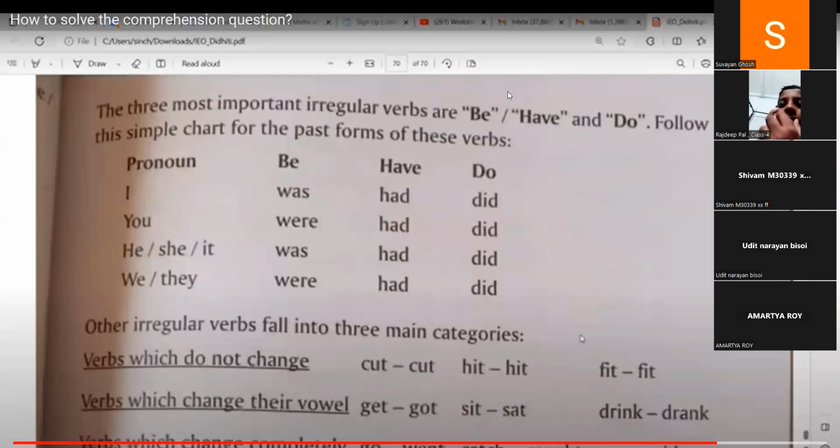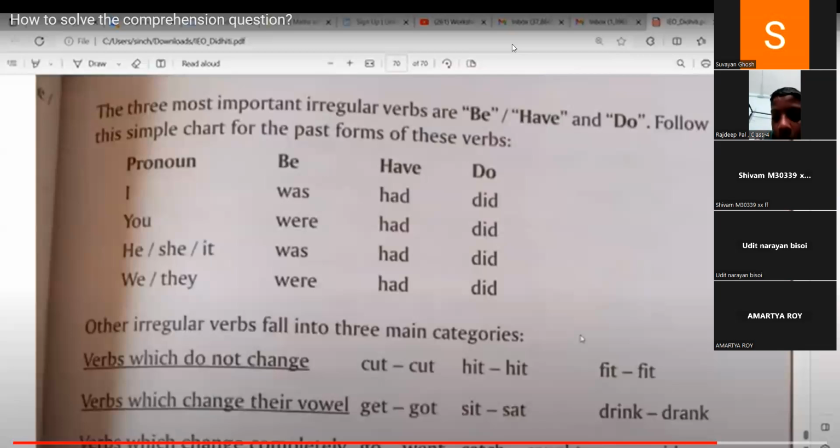But in case of irregular verb, while making it in past tense, it does not add d or ed, but the full word changes. No, you are making a mistake, Amoto, between regular and irregular. Think and then say it again.